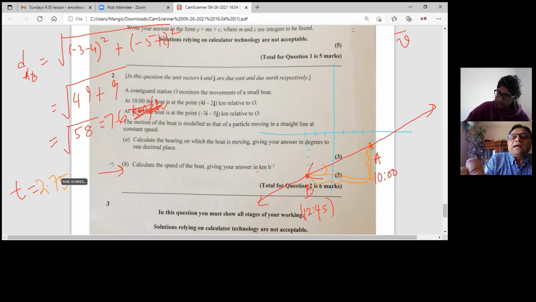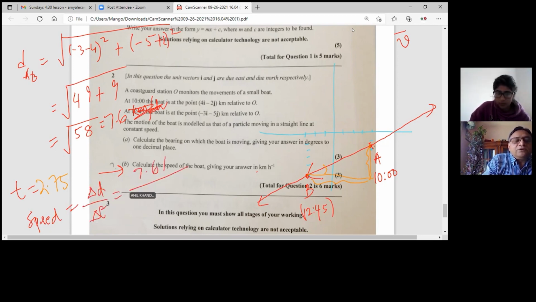Yeah. And therefore, we got the speed, which is change in distance over change in time, and the total is 7.61, whatever you got there, divided by 2.75, correct? Mm-hmm. And you have your answer, 2.77.